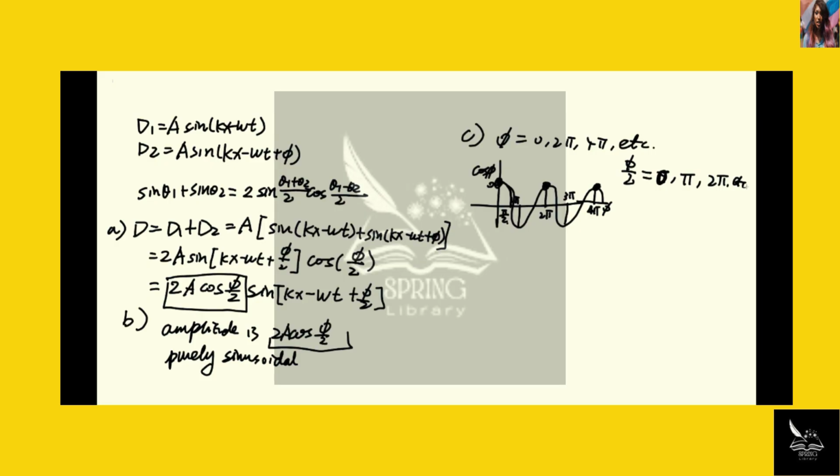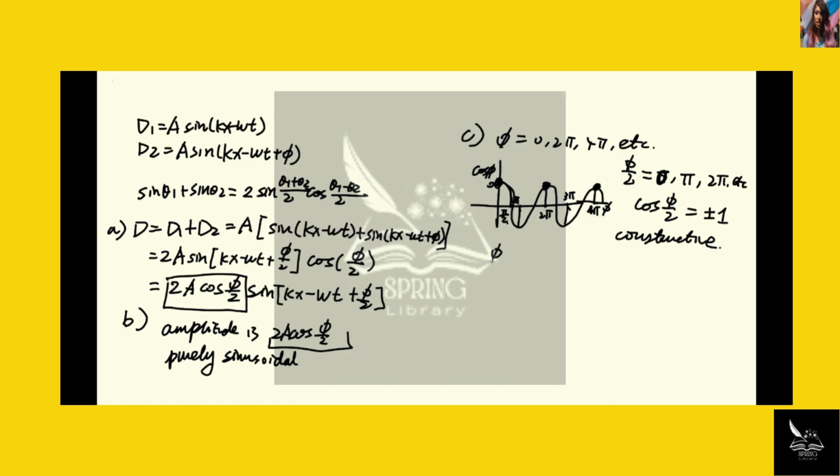When we have an integer amount of pi, as pi, 2 pi, 3 pi, 4 pi, cosine phi over 2 is either 1 or -1. But what happens is that its magnitude is 1. It has the maximum magnitude possible. So that is why it's constructive.